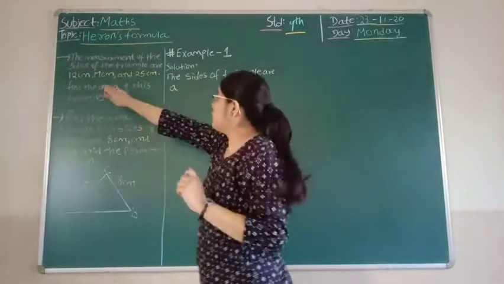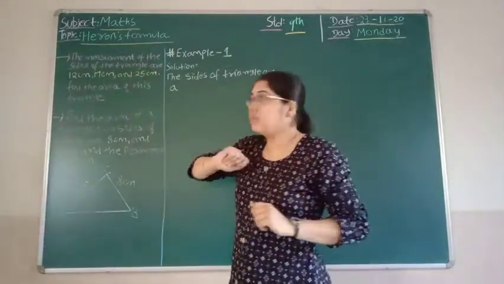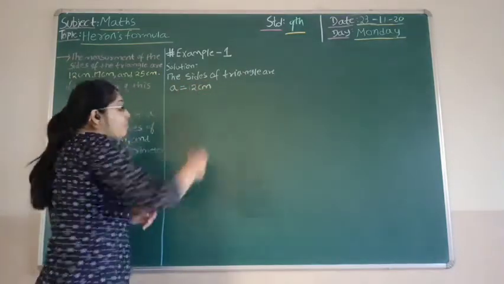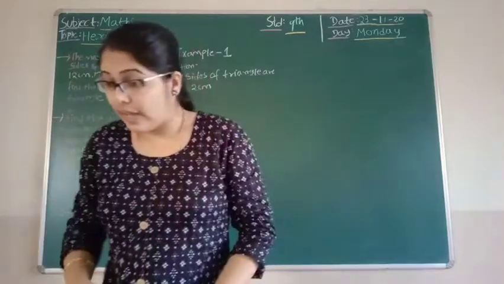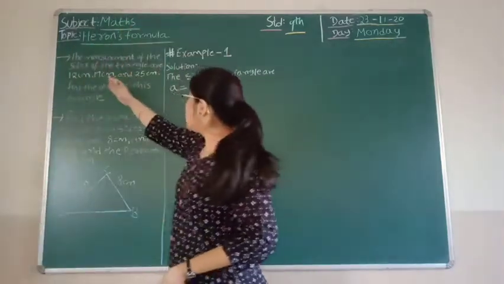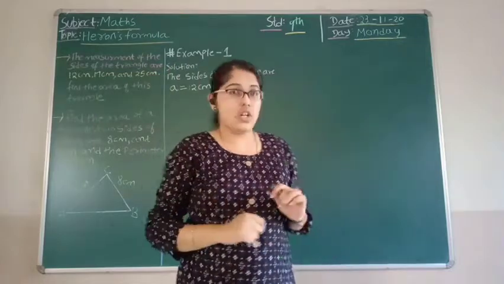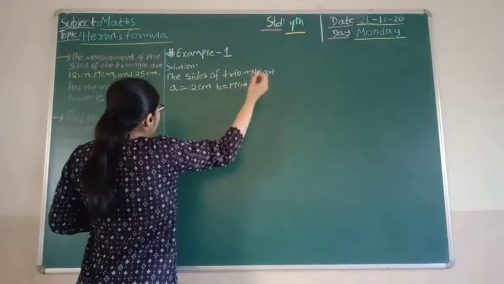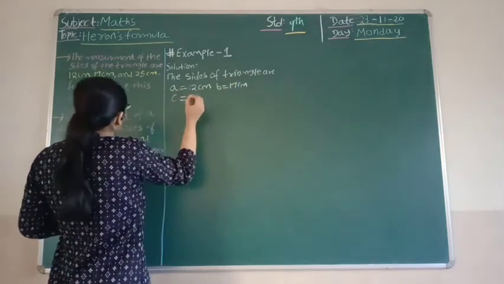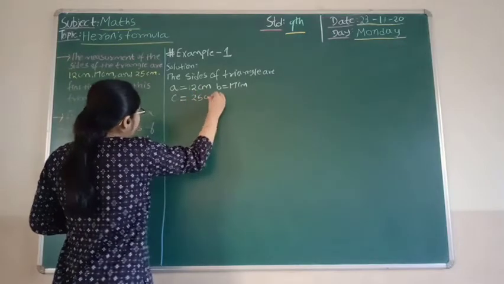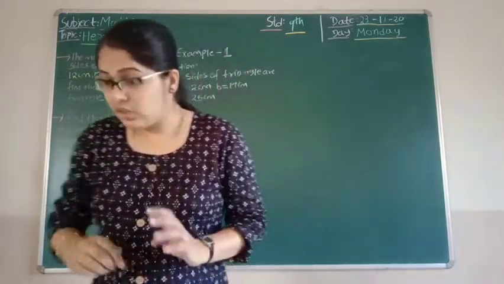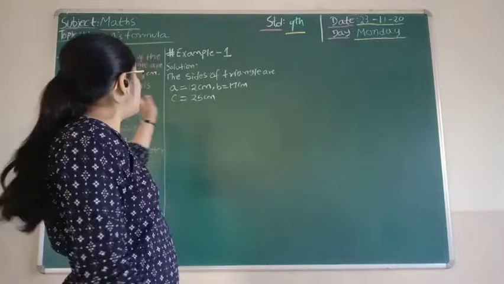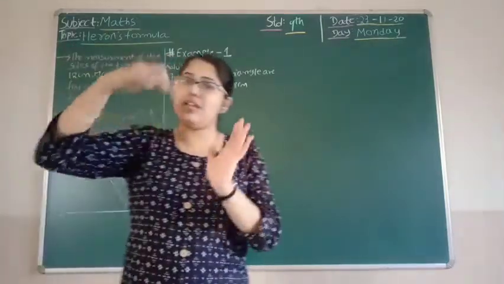I am writing a equals 12 centimeter. Then we move on to b, and we know that b is 17 centimeter, and respectively c will be 25 centimeter. So this is the way, students, I am writing the sides of the triangle and renaming them a, b, c respectively.